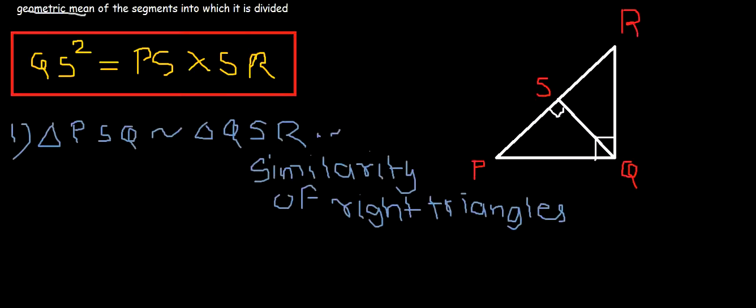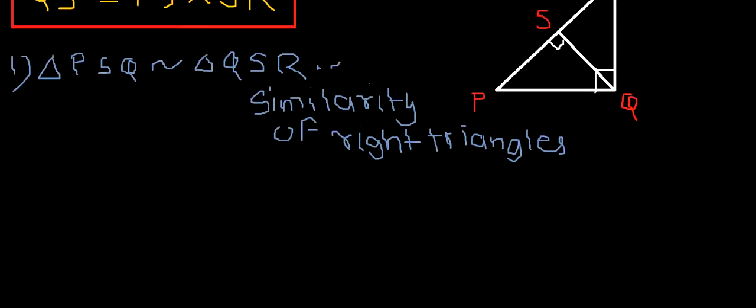Now we have this information that triangle PSQ is similar to triangle QSR. So we can say that QS upon PS is equal to SR upon SQ, from the properties of sides of similar triangles. So let's write it.